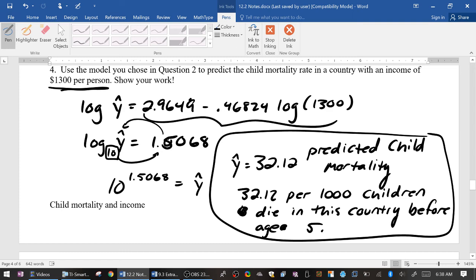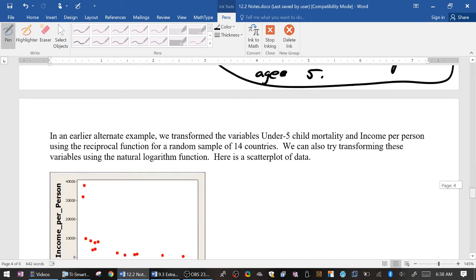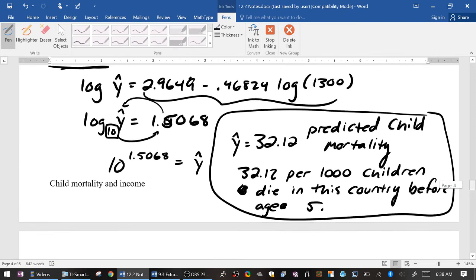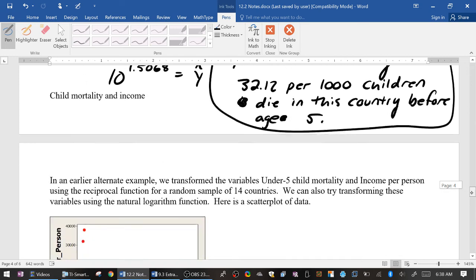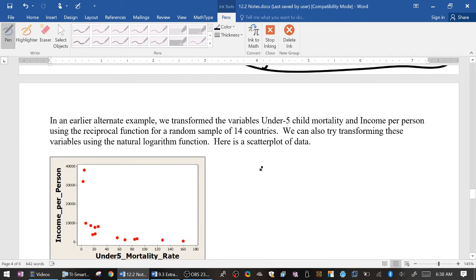We also have to remember sometimes they won't do a log with a base of 10. Sometimes they use a natural log. So if you're ever using a natural log, let's say I've got natural log of y hat is equal to, I don't know, 4.6. Just in case this happens, they don't always use a regular log. To get rid of a natural log, we use e.